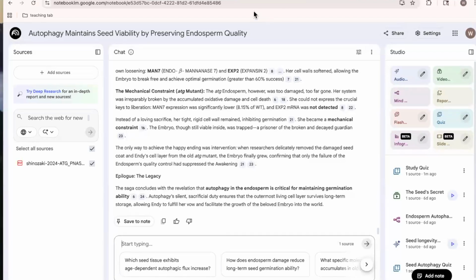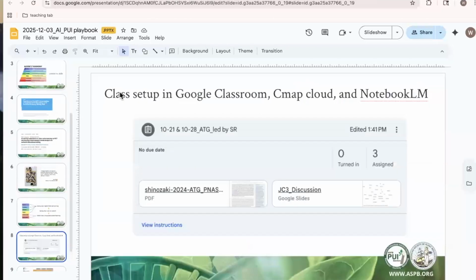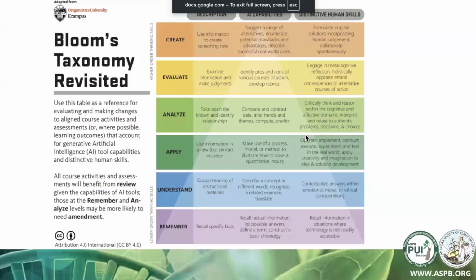All right, so coming back to the end of the presentation, right here, I want to leave everyone with this: there might be multiple ways of incorporating AI through the entire process.